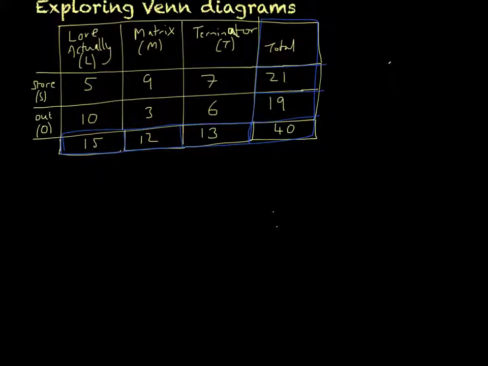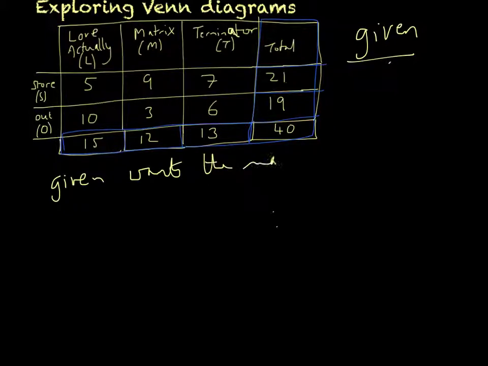Okay, one last thing, so now we're going to recognise another bit of notation which is called the given notation. So what I'm going to say is that a customer walks in, and given that the customer wants the matrix, let's say, what's the probability of it being on loan?